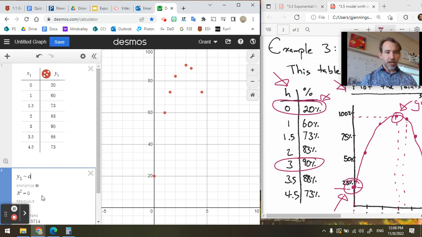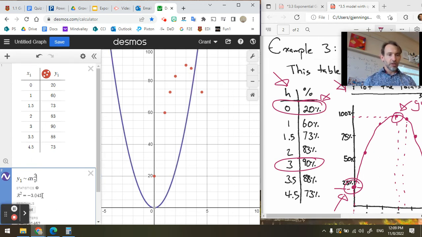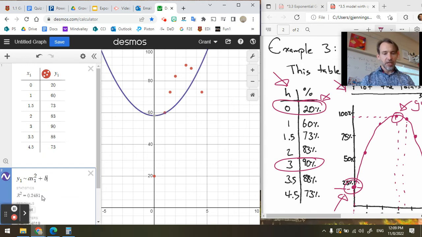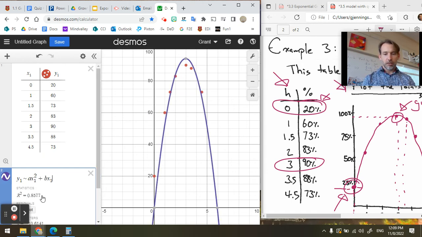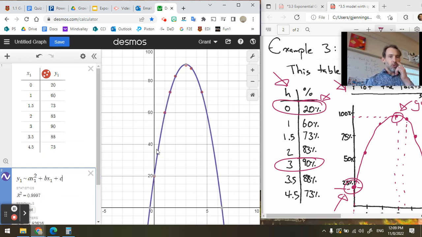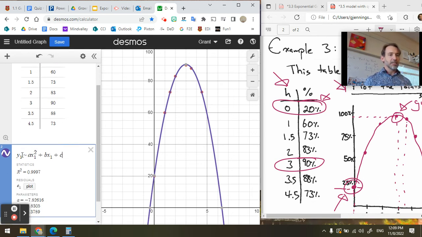A multiplied by x1 squared, plus b x1 plus c. Now what Desmos is doing is it sees that I want to know what's the relationship between my y1 values and my x1 values if I believe that I'm seeing x changing y quadratically.